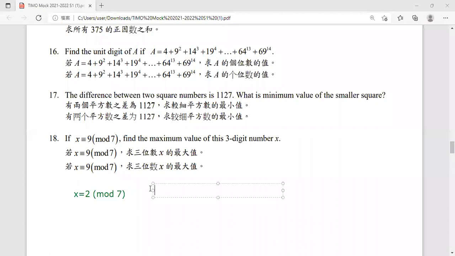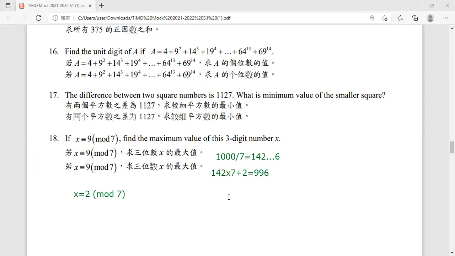What can I do here? You just divide 1000 by 7, which equals 142 remainder 6. So the answer for this question will be 142 times 7 plus 2, which I think is 996.